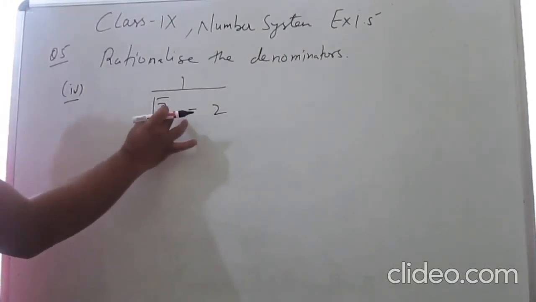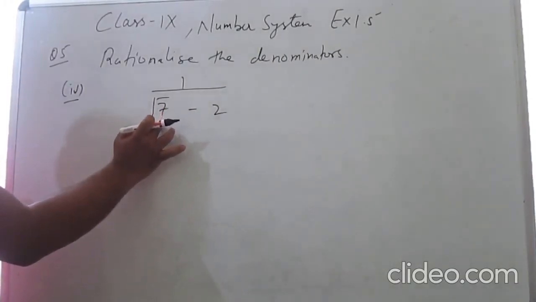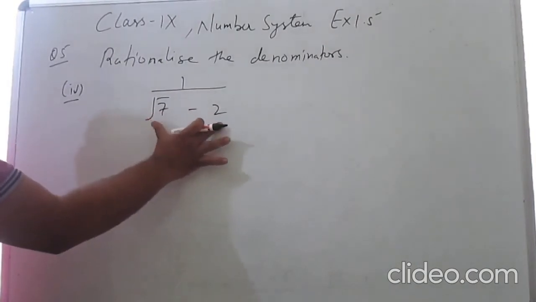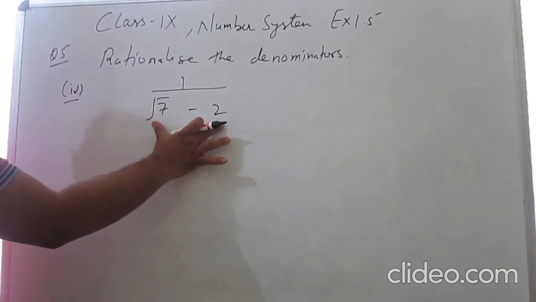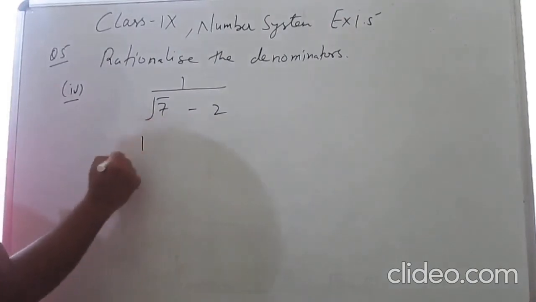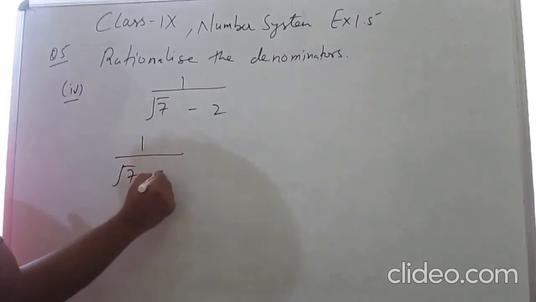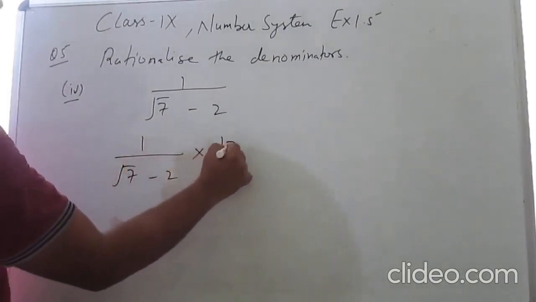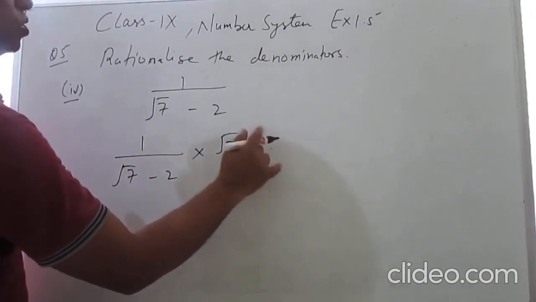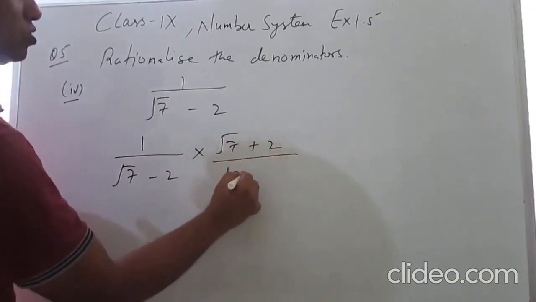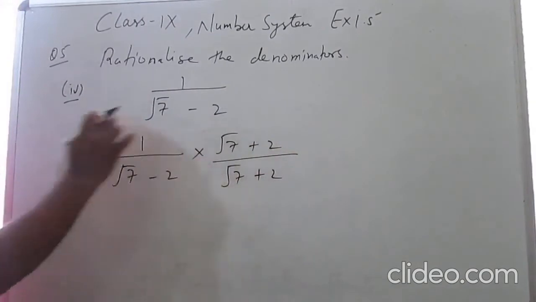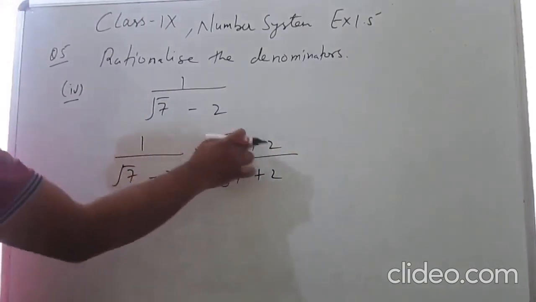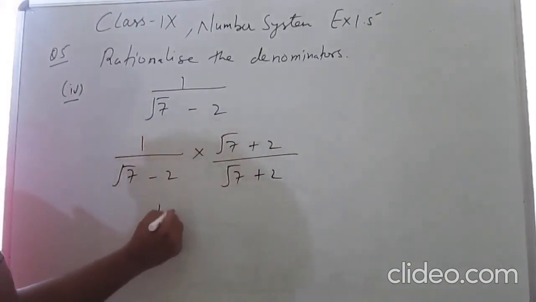Now in denominator there is one number irrational, another is rational, but overall it is irrational. So we rationalize it. Root 7 minus 2. What is the sign? Minus. So we multiply by root 7 plus 2, in numerator and denominator. When you multiply by 1, it will be the same.